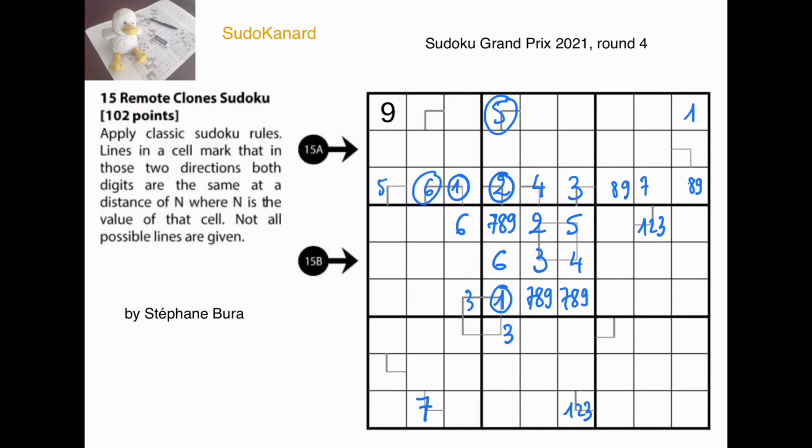So this 6 is now fulfilled, and this 5 now clones the 3 into this cell. So this 5 is fulfilled. And this 4 clones this 5 into this cell. 4 is fulfilled. This 3 clones this into this cell, so it can't be a 7.